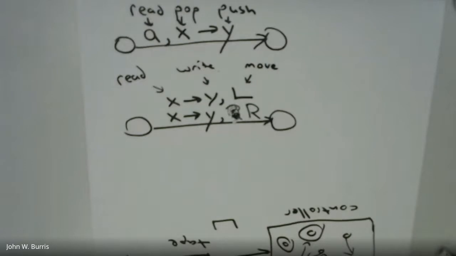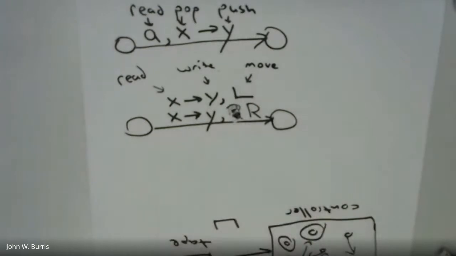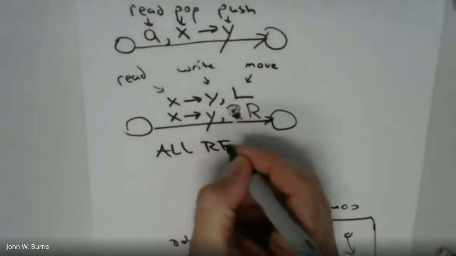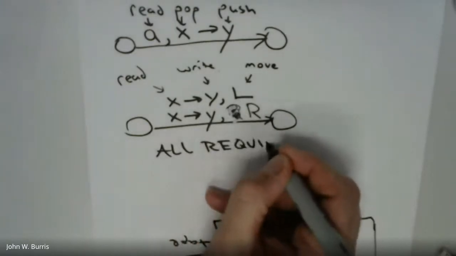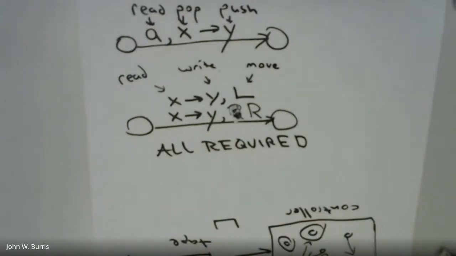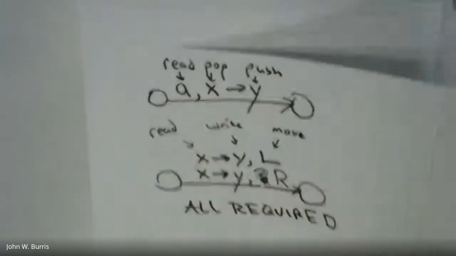Now, in previous iterations, and also even in your book for Turing machines, there have been parts that have been optional. For the sake of this, it is a great simplification for you if we simply make each component of a transition required. And let's see what our first Turing machine will look like.